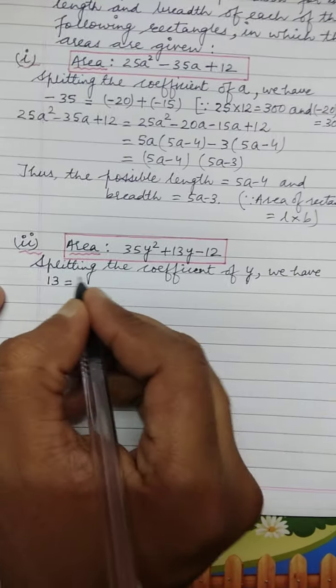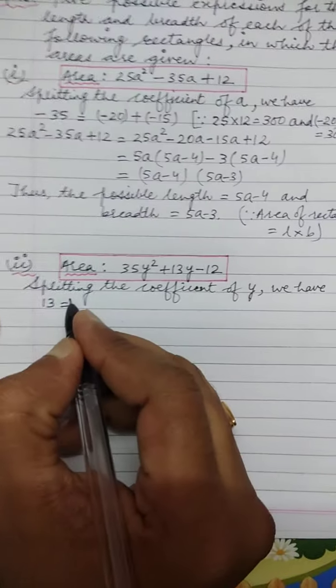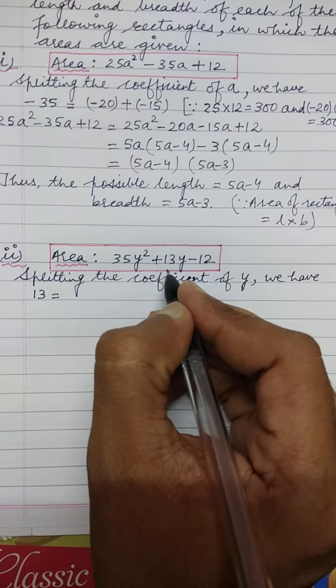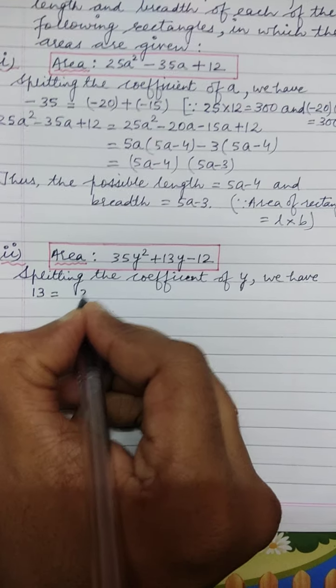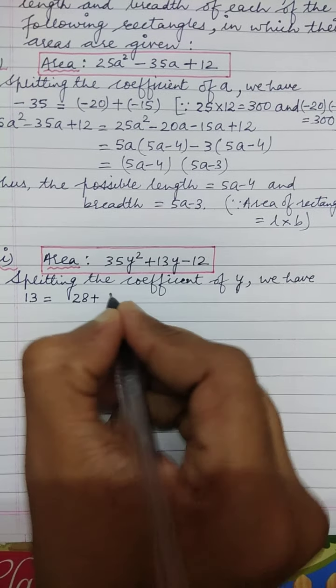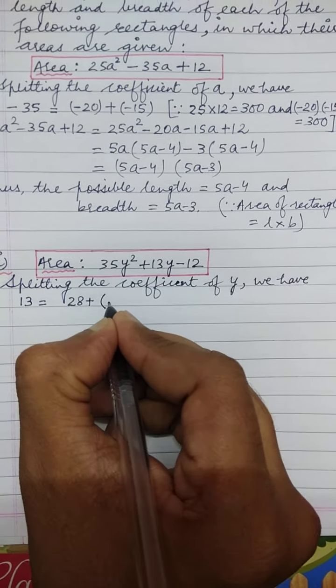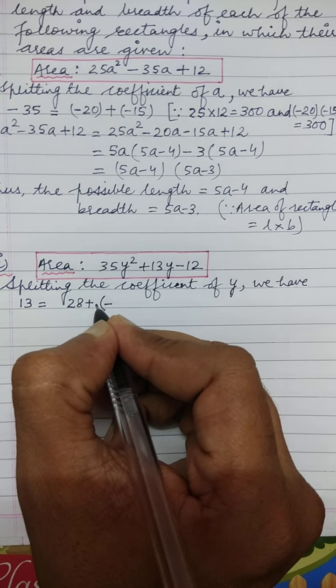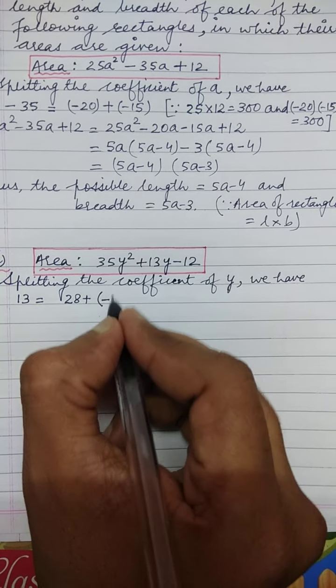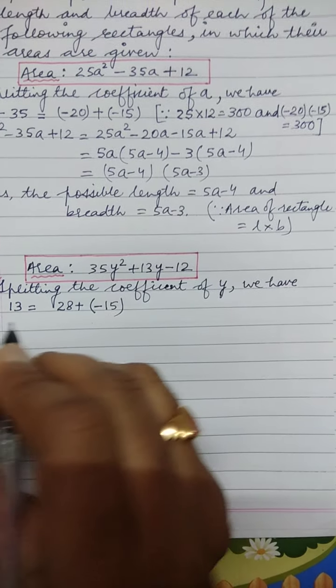So here I shall get my two parts of plus 13 as 28 and minus 15, 28 and minus 15.